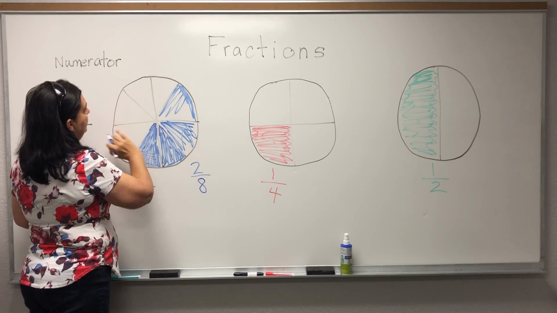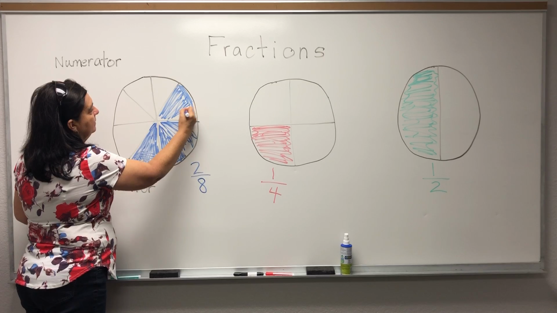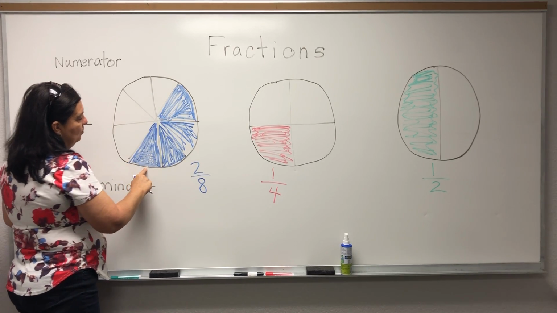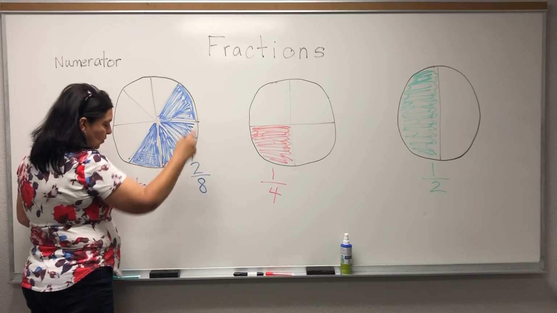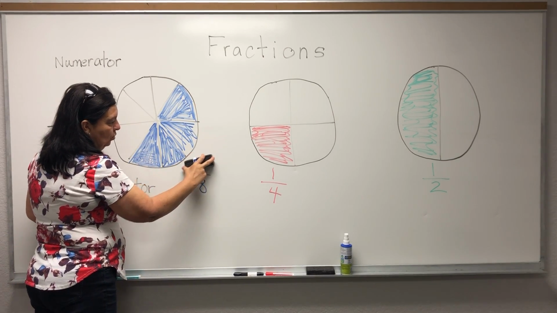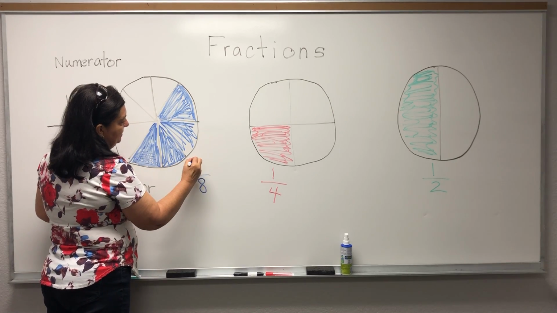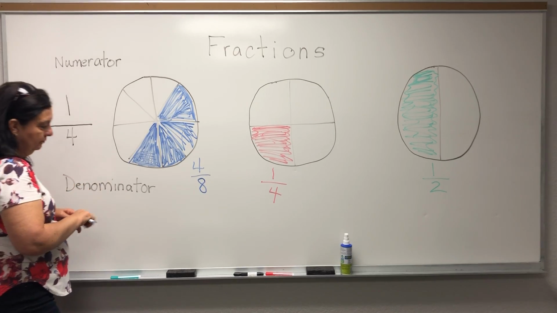So, you know, I could have shaded these 4 in over here. But our friends ate 2 more pieces. So now we have 1, 2, 3, 4 pieces. We're only going to change the top number because we still have it divided into 8. But now we've eaten 4/8 of our pizza.